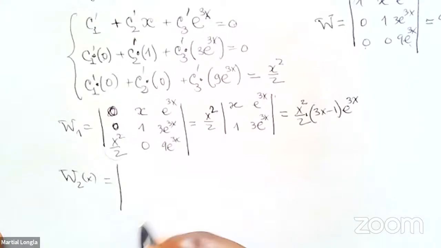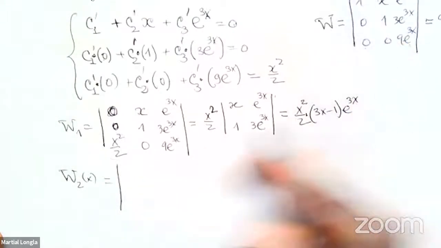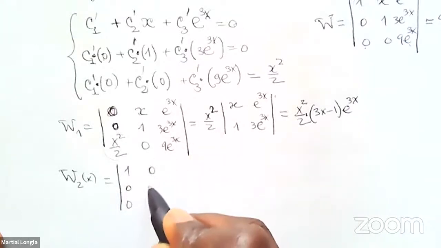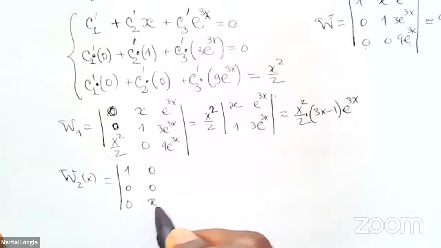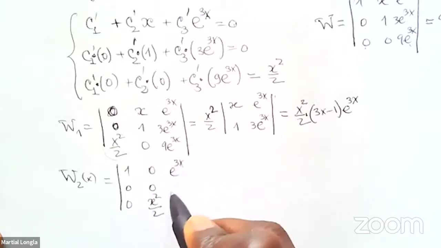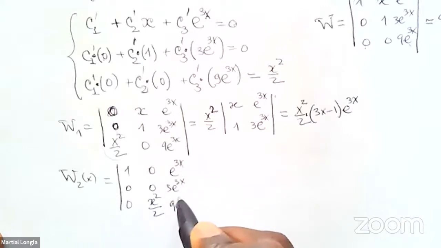Then you get W2, replacing the second column by the right-hand side. The first remains same, 1, 0, 0. Second is replaced by the right-hand side, that's 0, 0, x squared over 2. And the third remains e to the 3x, 3 e to the 3x, 9 e to the 3x.